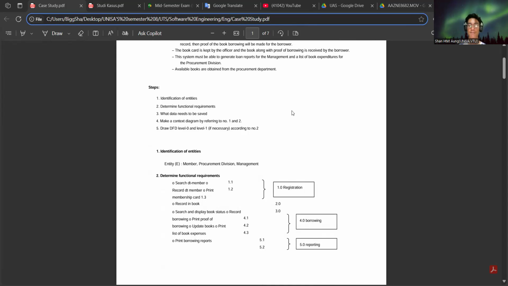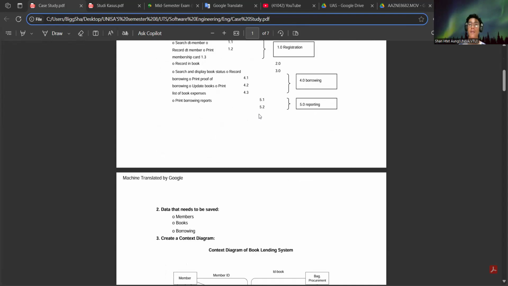And after that, in the reporting section, we need to print a borrowing report to be sent to the procurement division. And after that, what data we need to store, and what data are really important. Here there are three: member data, book data, and borrowing records are very important data.